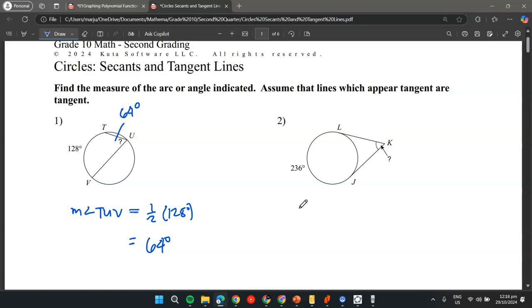Number two, we are seeing here two tangent lines, and they intersect at point K. By theorem, the measurement of angle LKJ is 1/2 of the difference of the arcs, the major arc and the minor arc. The entire circle is 360, and this arc here is 236.